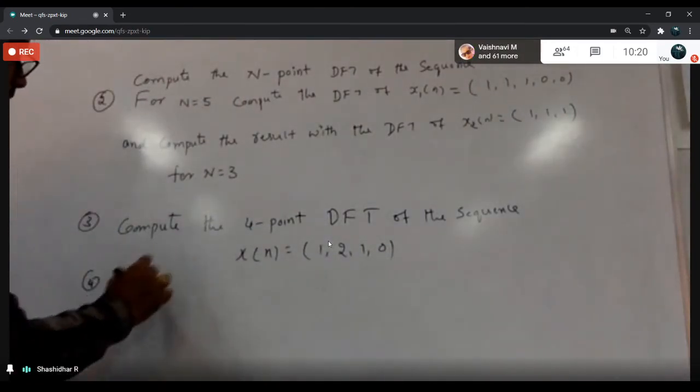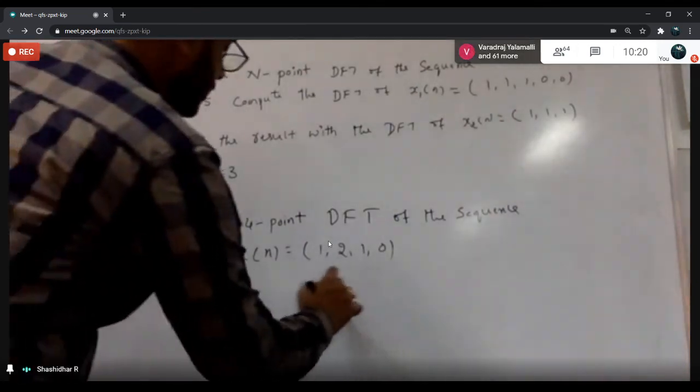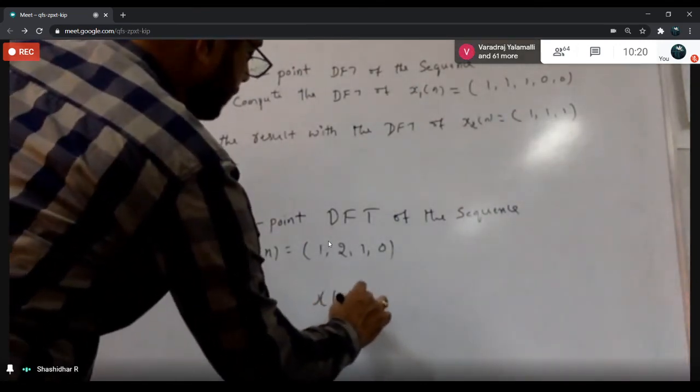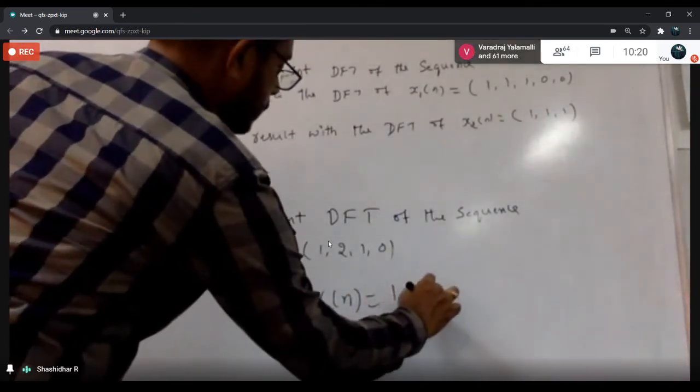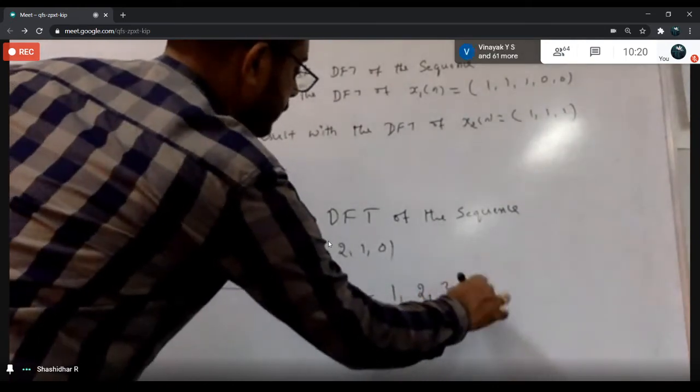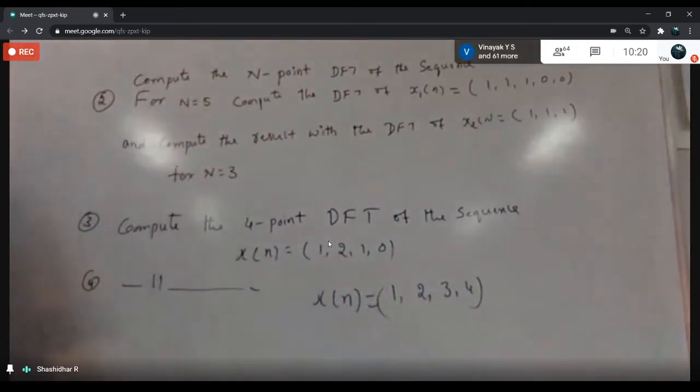You can compute the same thing, 4-point DFT, x of n is equal to 1, 2, 3, 4. So this is for practice purposes. You can solve it. I will give a list of problems. You people should solve those problems for the examination purpose too.